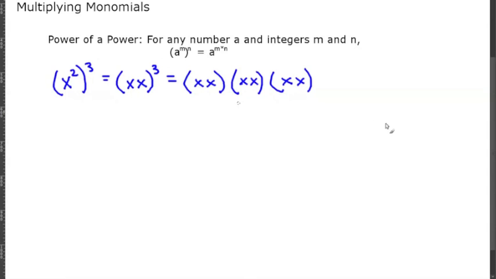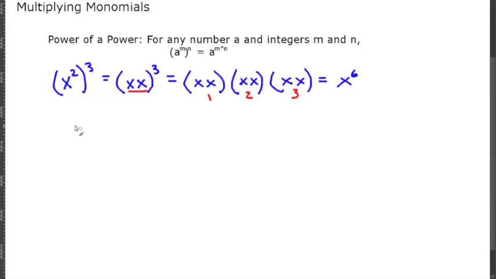So we have this term, xx, or x times x, 3 times. 1, 2, 3. Well, how many x's is that really? This is x times 1, 2, 3, 4, 5, 6 times. So that's x to the 6th. And if we were to look at that, 2 times 3 is 6.